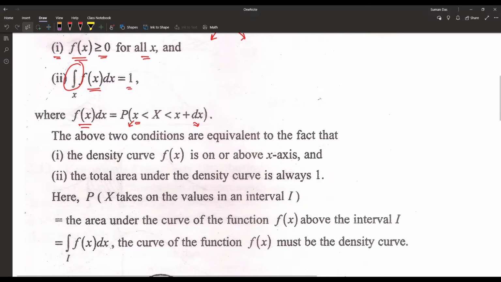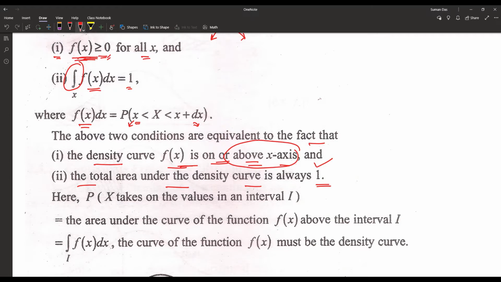The above two conditions are equivalent to the fact that the density curve f(x) is on or above the x-axis. Already we know this from the properties of the density curve, and the total area under the density curve is always 1. So the first one, that f(x) is on or above the x-axis, means f(x) must be greater than or equal to 0.